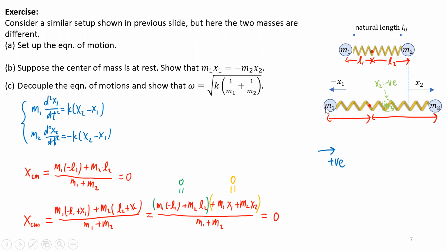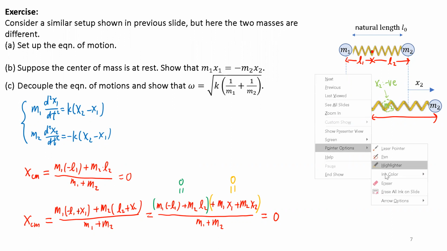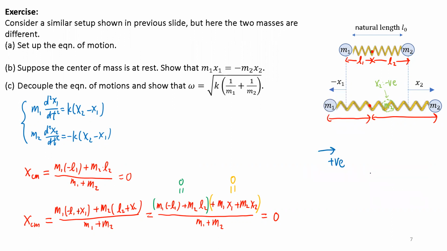But you might ask, why do I have this minus x1 here? Let me write down here: minus x1 means the distance from equilibrium.